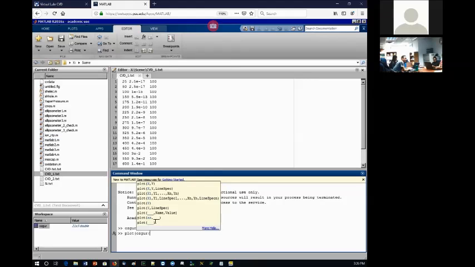This is gonna be my x. X is the first column, right? So it's the first column of matrix Oscar. So I'm telling it like that.